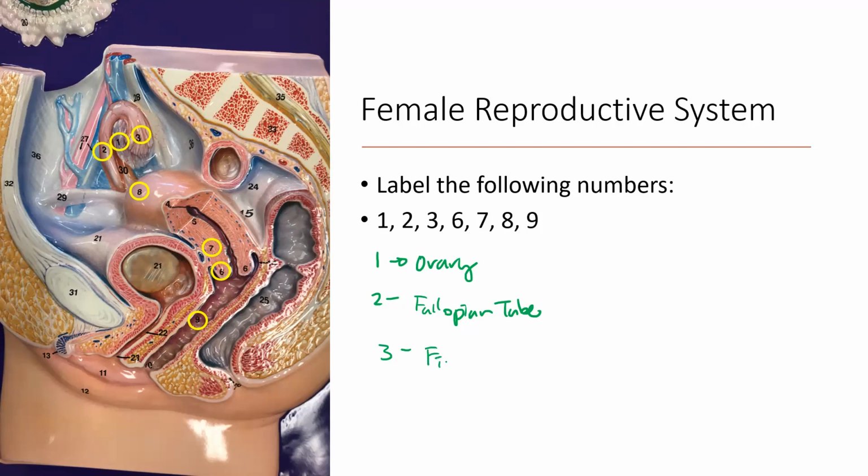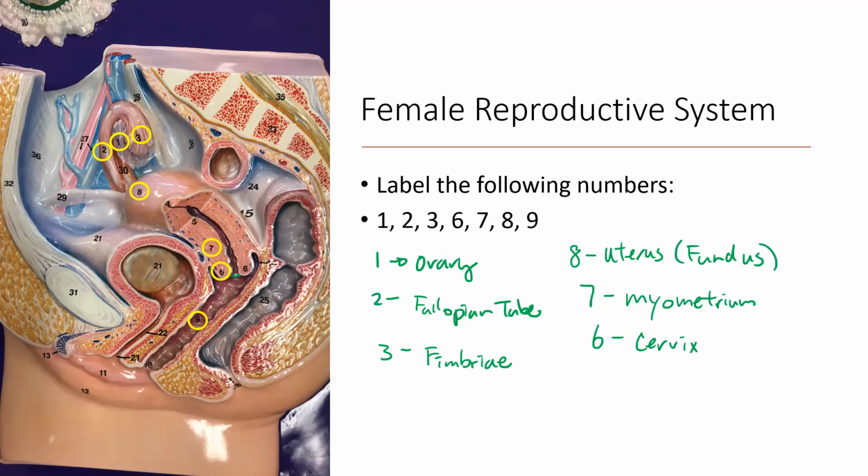It's called the fimbriae. Number eight, that's the top part of the uterus, which is called the fundus. Seven is the myometrium, the muscle of the uterus. Number six is the bottom of the uterus, the cervix.